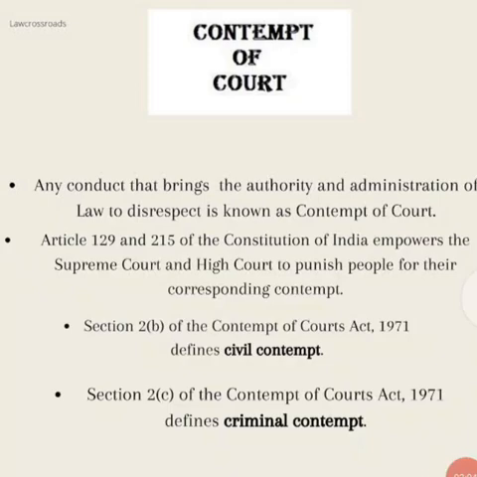And the other is Section 2(c), which defines criminal contempt. Criminal contempt is the publication of any matter, whether by words, spoken, signs, or visible representation, or in any other manner, which scandalizes or tends to scandalize the authority of the court, or which interferes or tends to interfere with the administration of justice, which obstructs or tends to obstruct the administration of justice, or which interferes or tends to interfere with the due course of judicial proceedings.